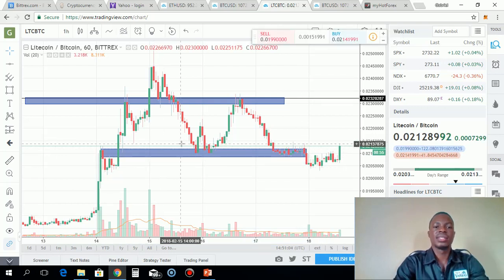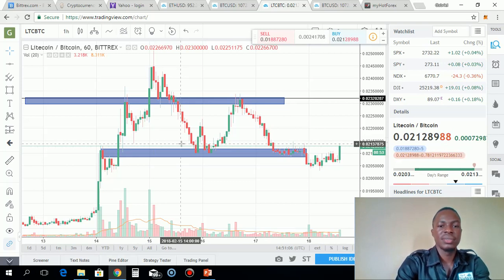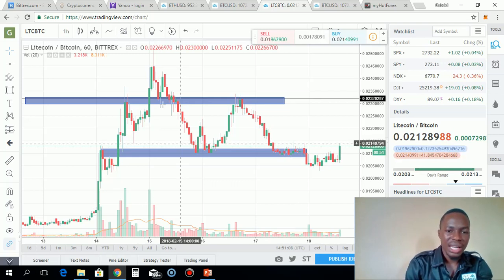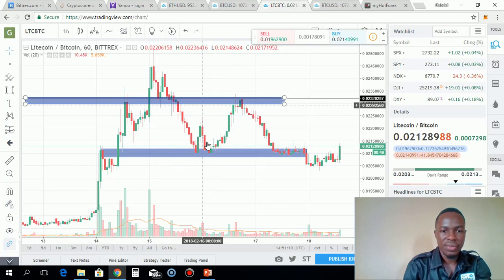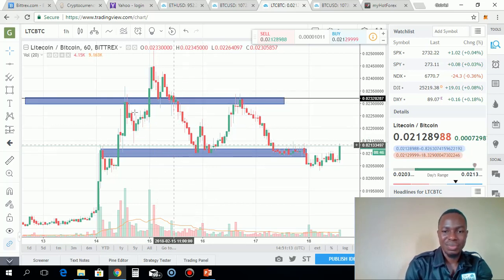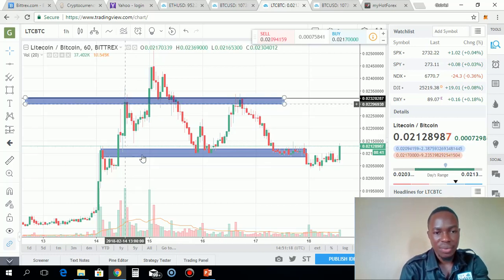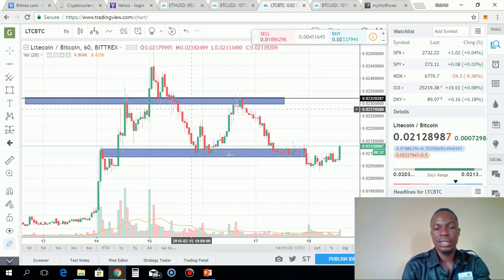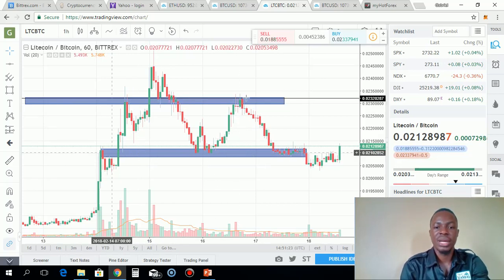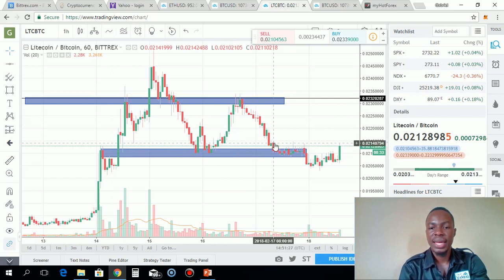So you can see that price is trading between this zone. Now, what have we been able to draw here? This is known as a channel. So like I told you, when price respects a particular zone, it trades within it, with an area on top serving as resistance and an area below serving as support. The price is said to be trading within a channel.